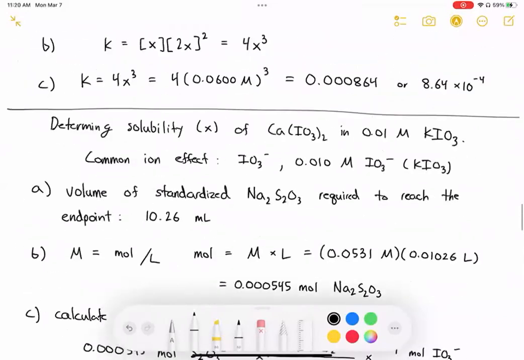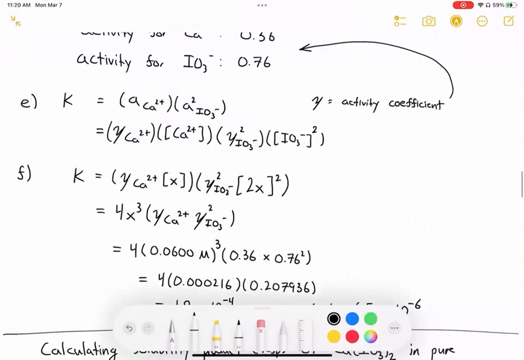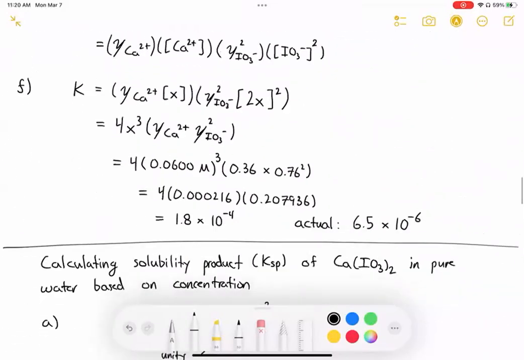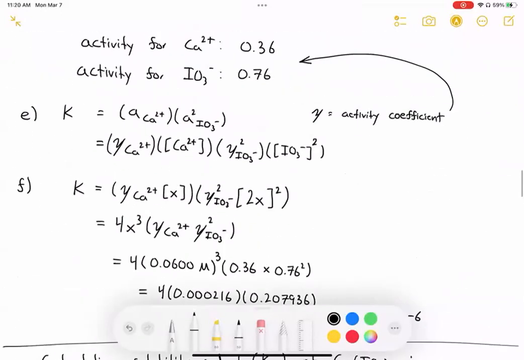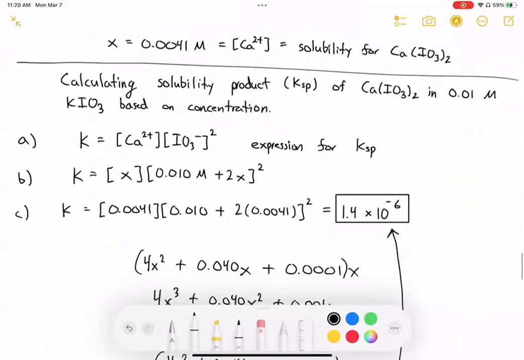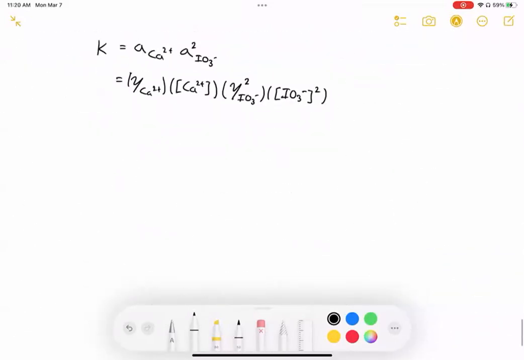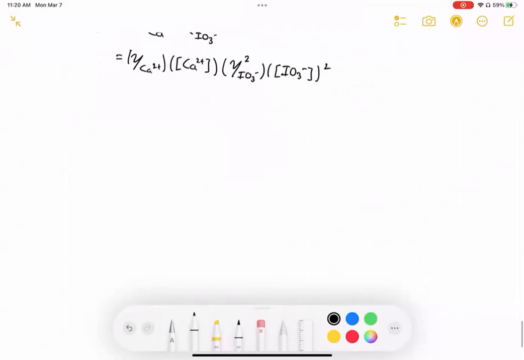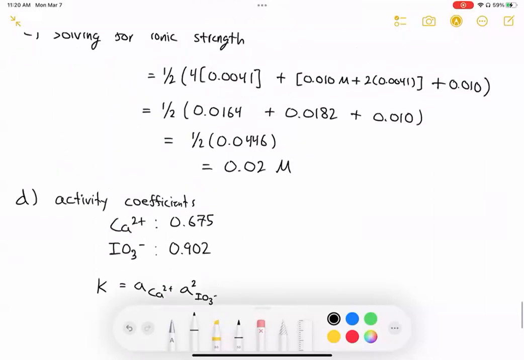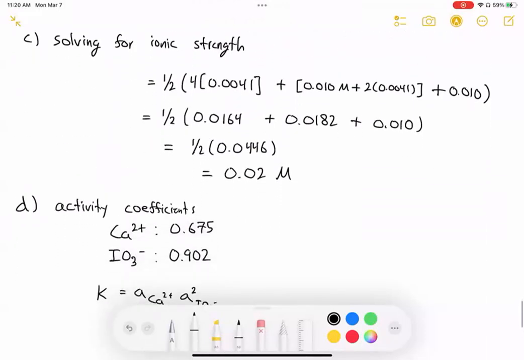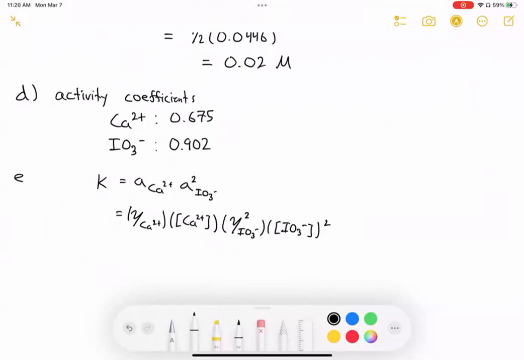Okay, so if we go back here and just confirm that, yes, iodate squared. So this was part D. This is part E.